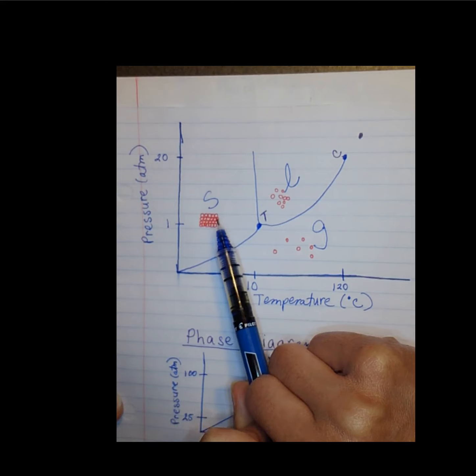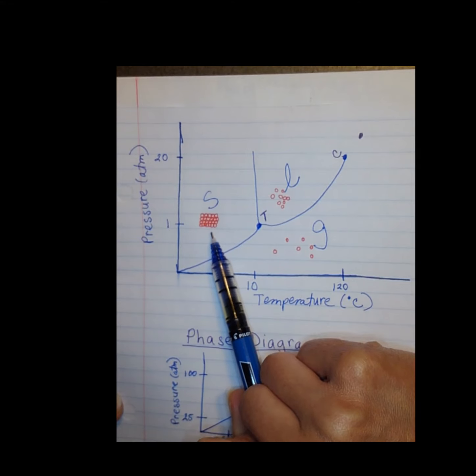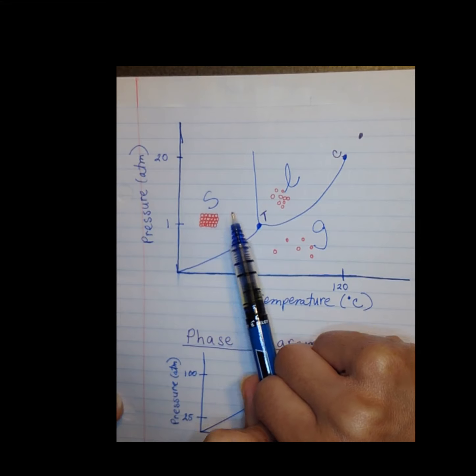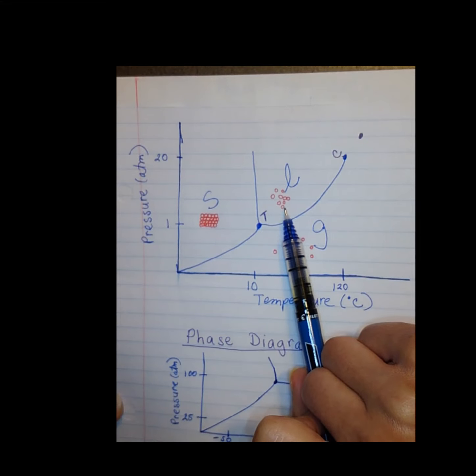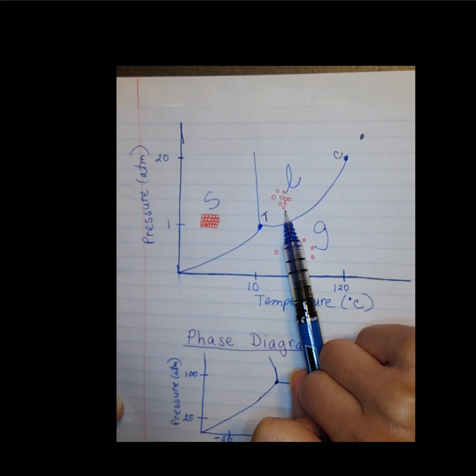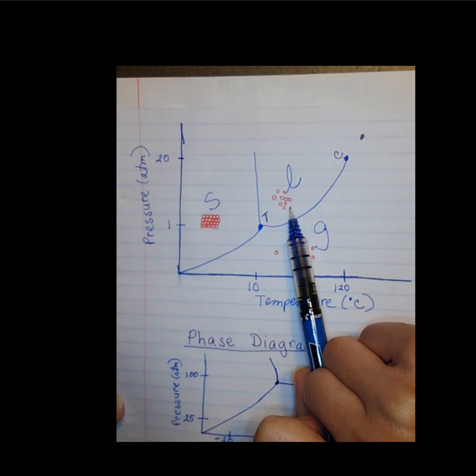What's happening is that you have the solid that is clumped up, compact, rigid, where the molecules are not moving at all or hardly moving, to liquid, where the molecules are now further spread out and they're beginning to move faster. So the kinetic energy in the liquid is a lot higher.